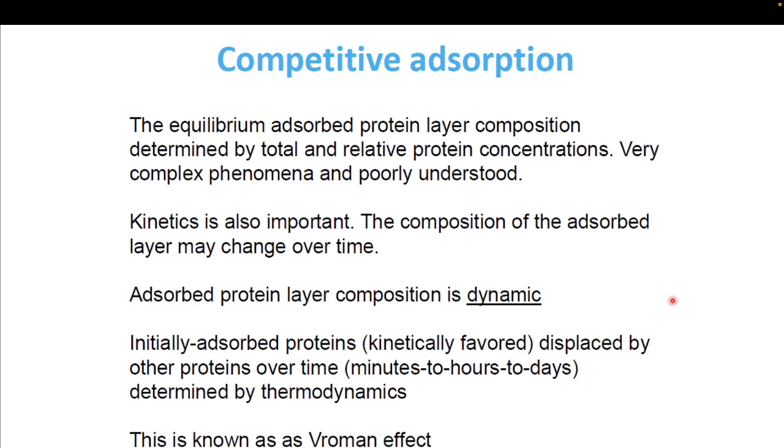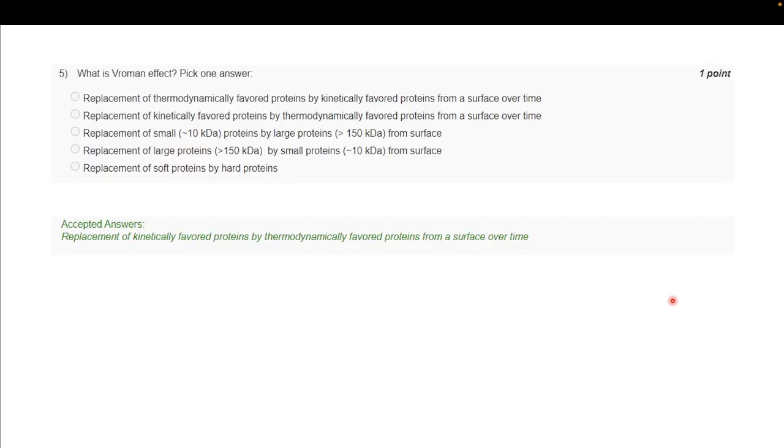These proteins can then come in, displace the initial layer of proteins and adsorb to the surface, which will then have a very strong interaction, so they can stay on the biomaterial surface for a long period of time. So this is known as the Roman effect, wherein, as the option says, kinetically favored proteins are replaced by thermodynamically favored proteins from a surface over time. So yeah, that's what Roman effect is.